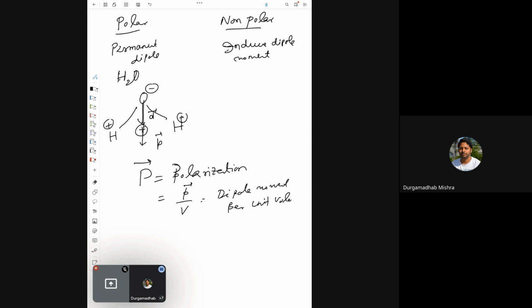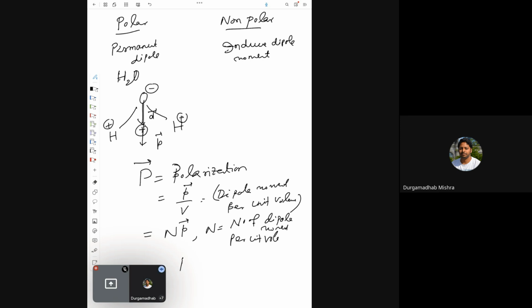So when you apply an electric field, your dielectric becomes polarized. And what will be the value of polarization? This is equal to N into p. What is N? N is the number of dipole moments per unit volume. Each dipole has a dipole moment p, and there are N dipoles per unit volume. So my polarization is equal to N into p.